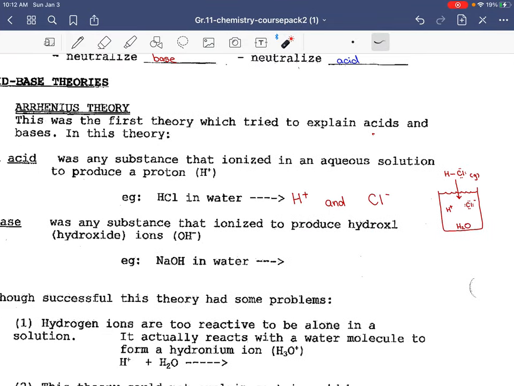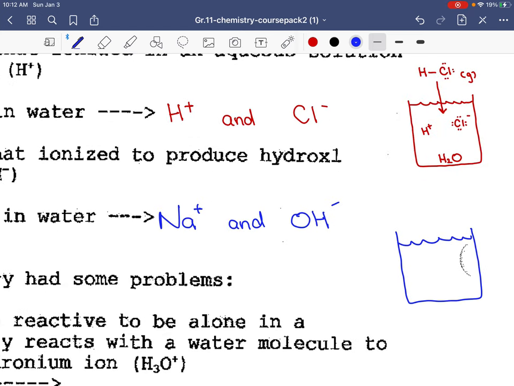Well, what about base then? Well, for base, like for example, NaOH, sodium hydroxide. If you put that in water, it will break apart too. You'll get Na plus and OH minus. Let's draw that too. Why not? NaOH is an ionic compound, that's for sure.